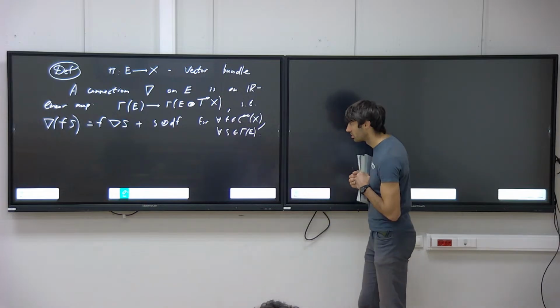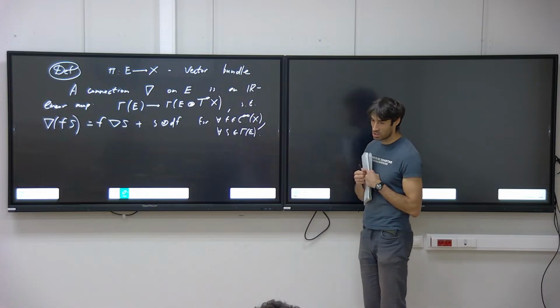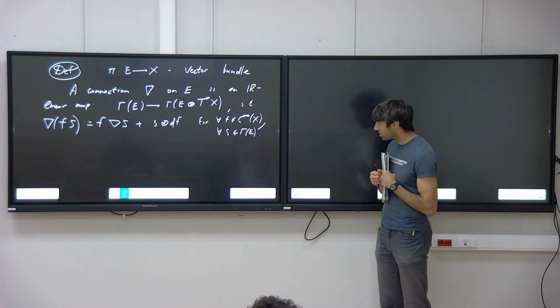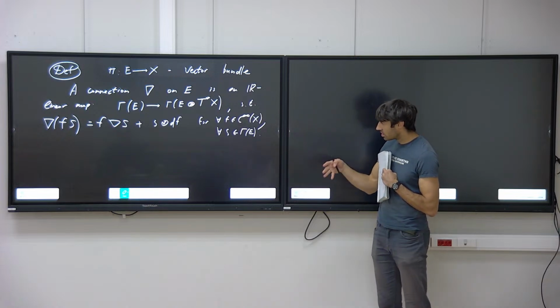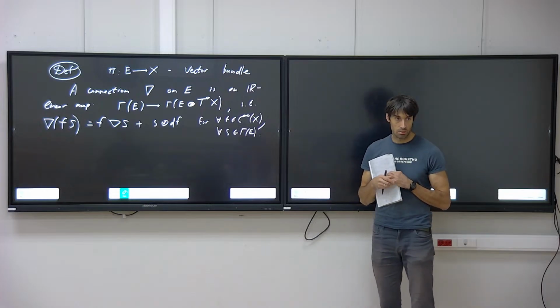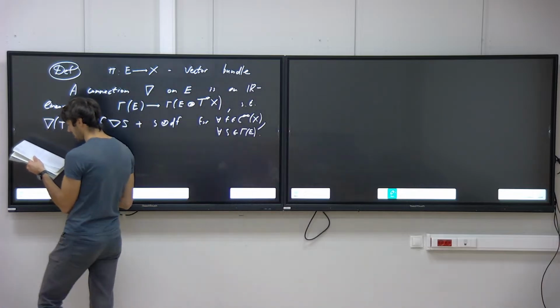This is a coordinate-free definition, and we would like to see what is going on in coordinates. For that, we need to see that it is possible to restrict a connection to some open subset of X. It's a well-defined operation.